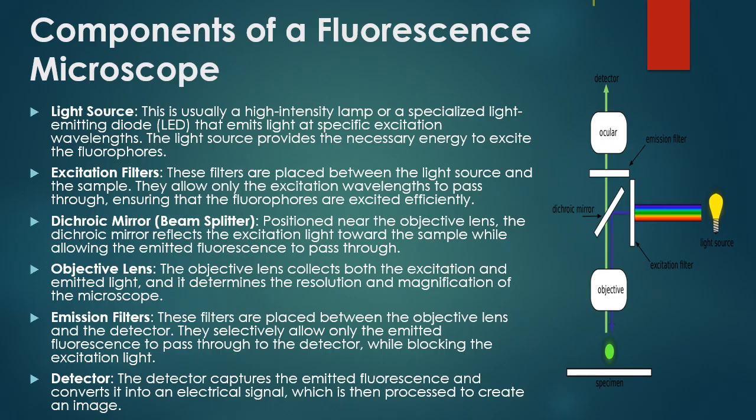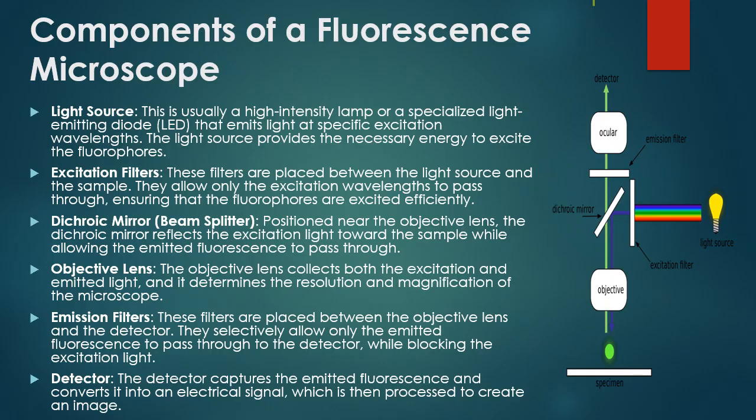As I discussed in the previous slide, once you tag them with a fluorescent dye, they absorb the shorter wavelength and produce a longer wavelength, and that is called fluorescence. Only the fluorescent light is sent to the detector, and you can visualize it with your eye or on the screen. So the specimen must be tagged with a fluorescent dye, only then will it be able to undergo fluorescence.